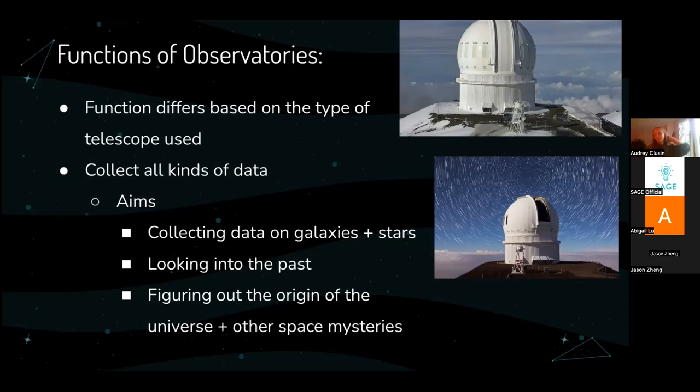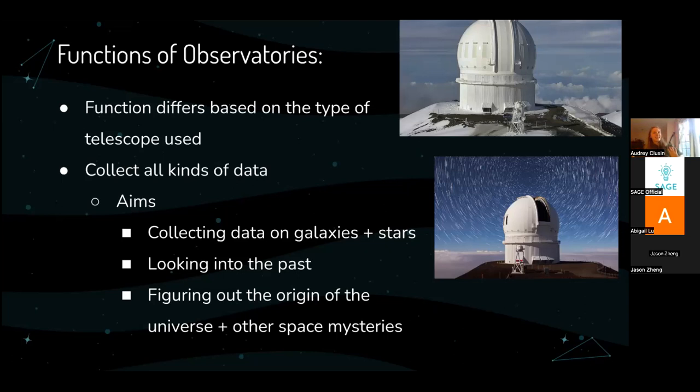Observatories do what you would expect. They collect data on galaxies and stars. A really cool phenomenon with space is that the farther away you look, you're actually looking into the past.